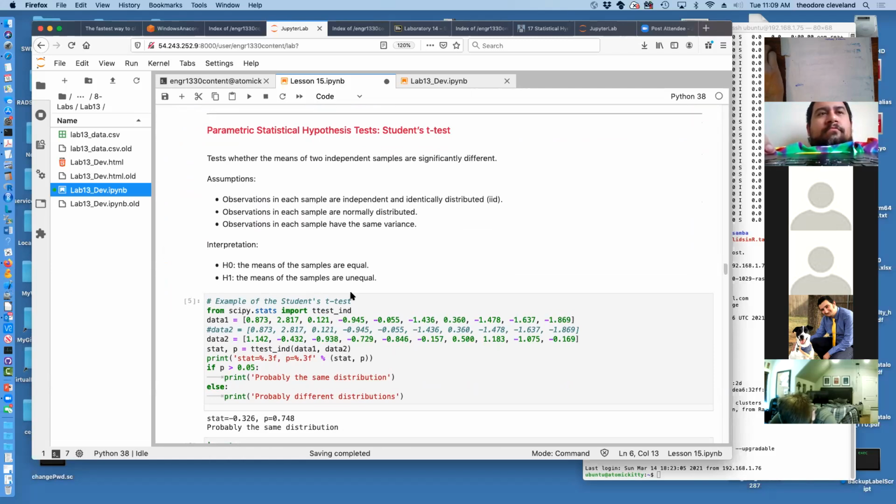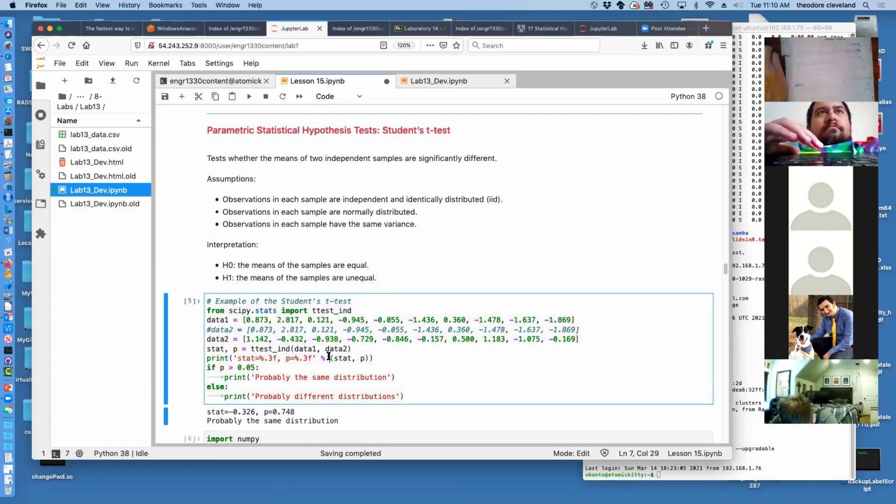So let's now say we've decided that our data are indeed Gaussian. We now can apply our parametric statistical tests. First, there's our data from before.